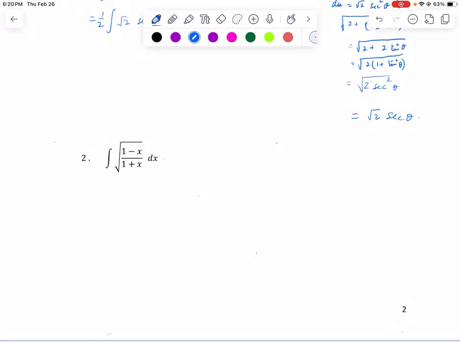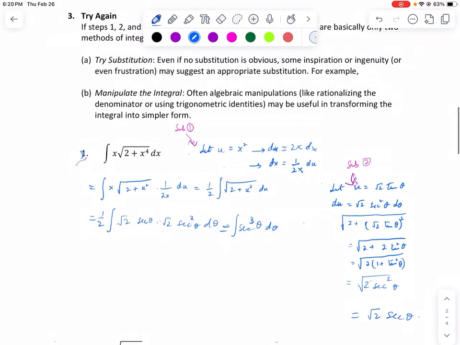Welcome back. We are looking at section 7.5, which is strategy for integration. We looked at some ideas. The first thing you should look for is simplification inside the integral.